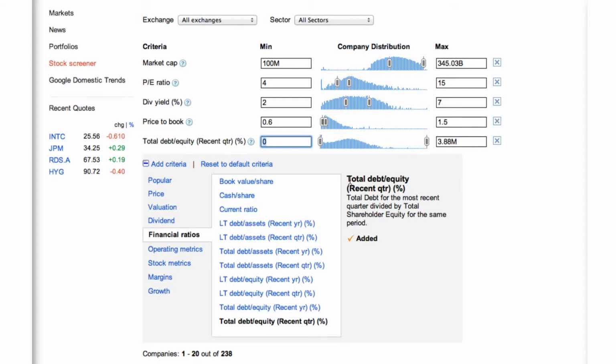For the total debt to equity for the most recent quarter, I'm going to put in here anything under a 1.0. Now, whenever we were figuring out the debt to equity ratio before, we weren't using the total debt. We were using maybe just long-term or some other different metrics.